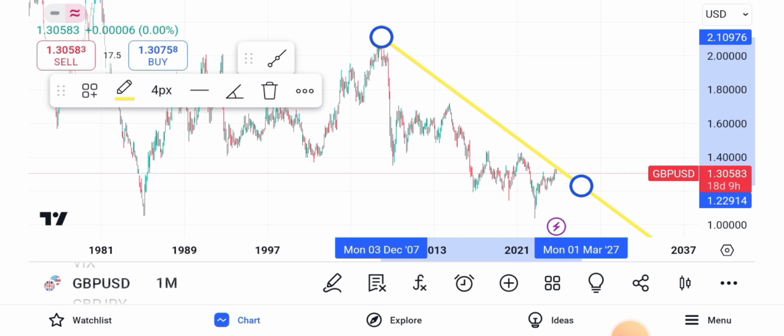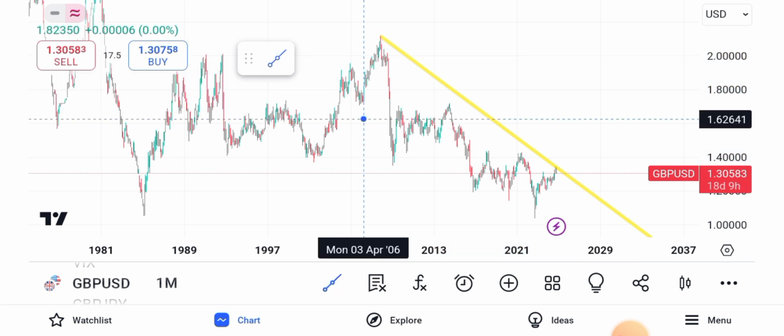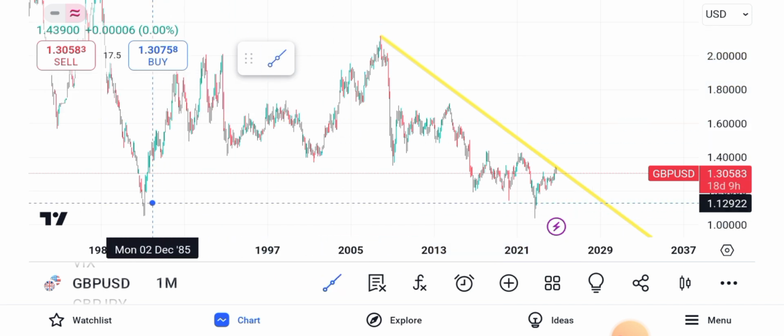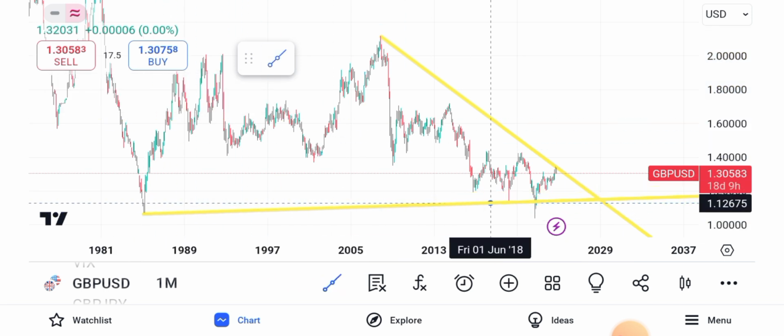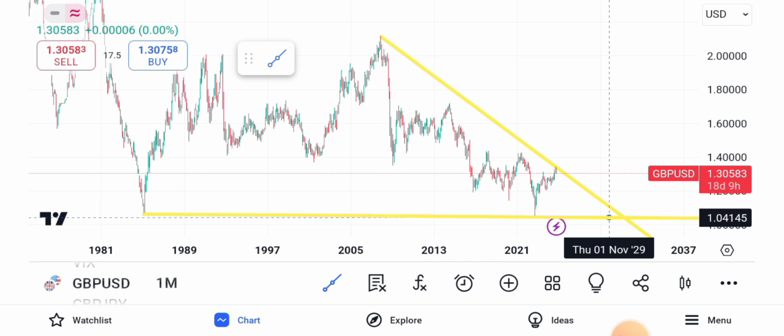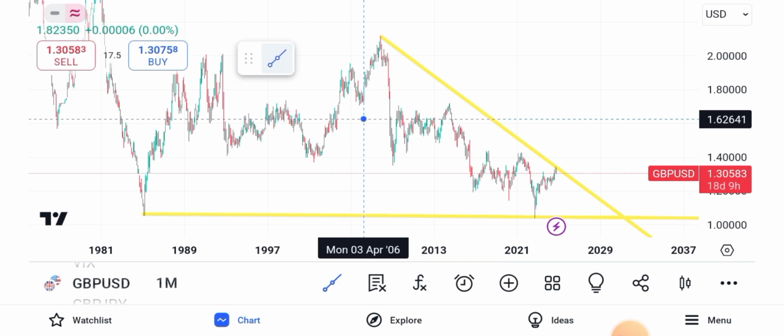So for the monthly chart, I am going to use the yellow color to remember also when I see this trend line, no, this trend line comes from the monthly chart. Okay, so I'm going to put another one here at the bottom. That and that, those are my two trend lines for the monthly chart.